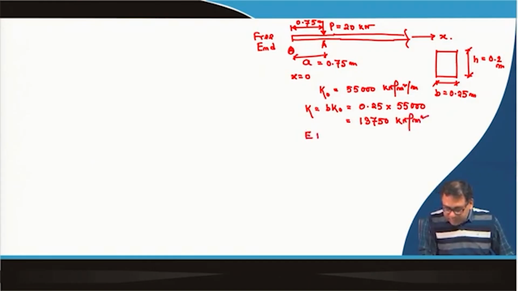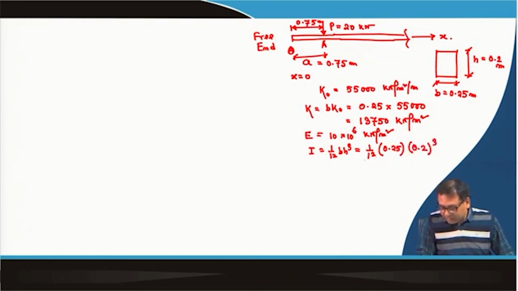E is given here as 10 into 10 to the power 6, or 10 to the power 7 you can say, and we can calculate I as 1 by 12 B H cube. So, this is 1 by 12, B is 0.25, H is 0.2 to the power 3.